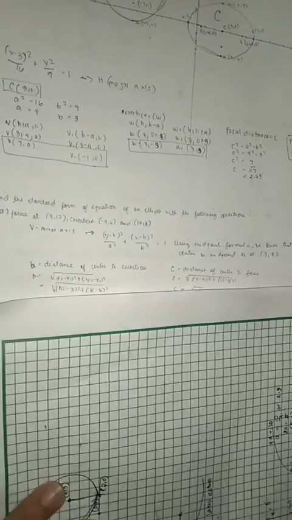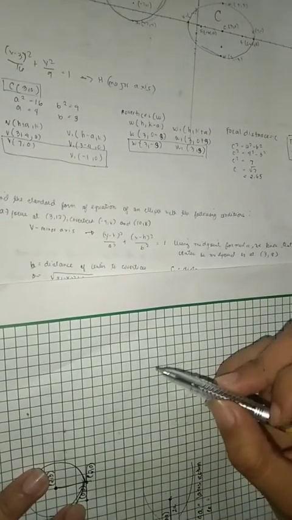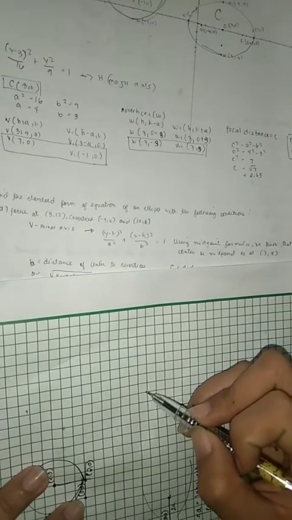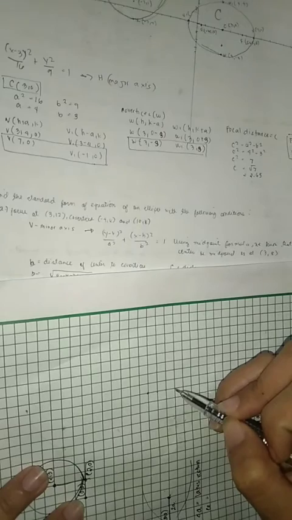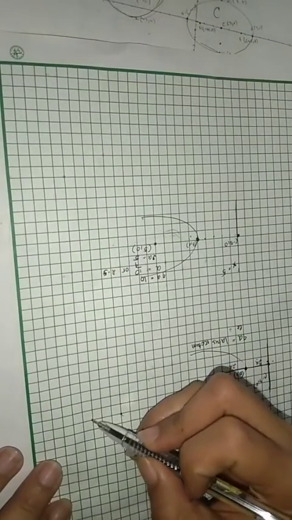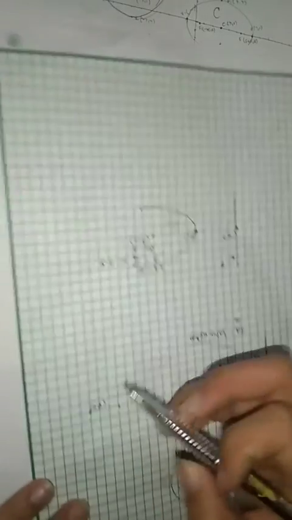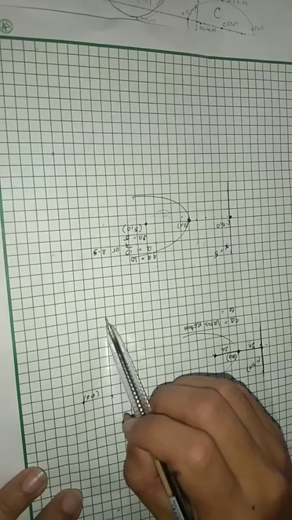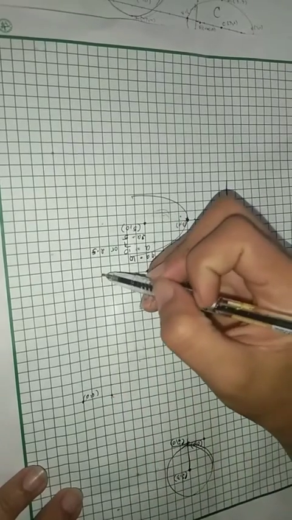So if I plot it down in here, it says that the focus is at (3, 12). 1, 2, 3, 4, 5, 6, 7, 8, 9, 10, 11, 12.